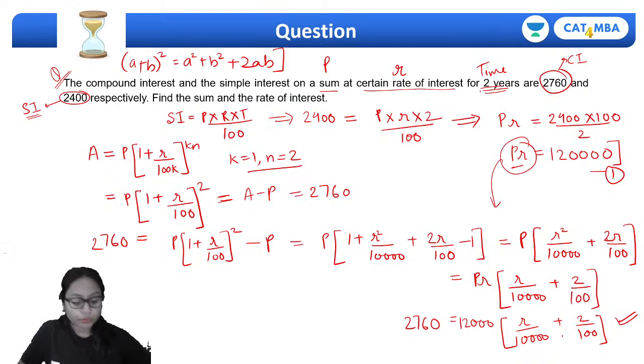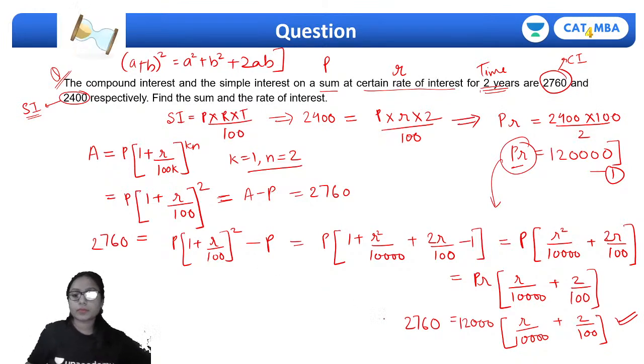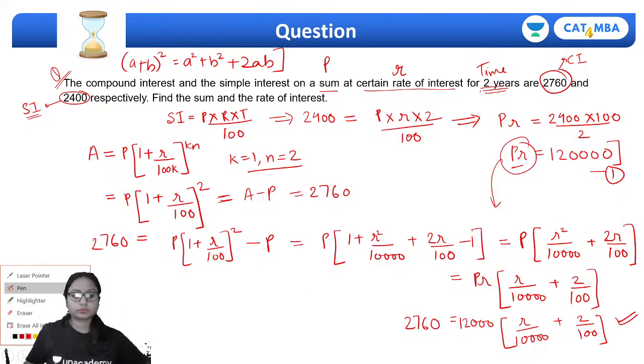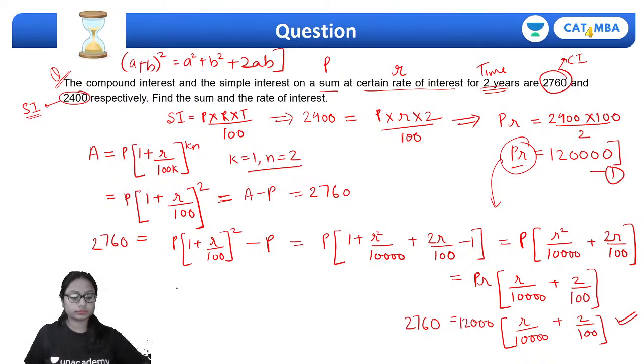What would be the value of r? Okay, so you got r as 21.